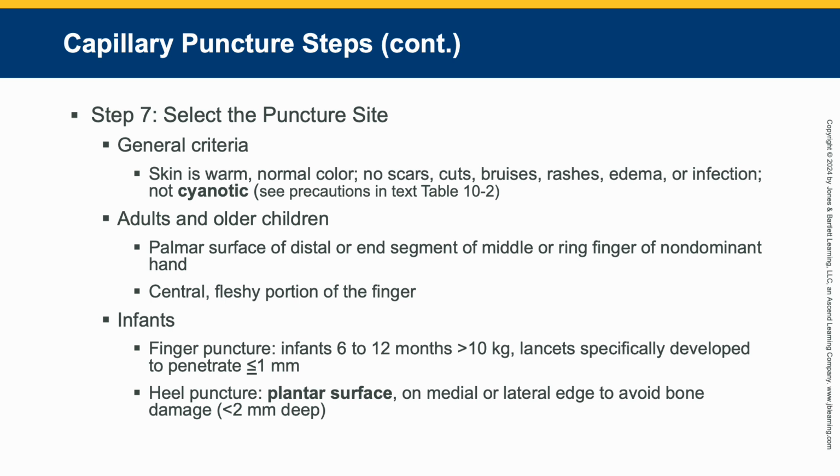Because sometimes you're going to risk spreading this infection, and that would be painful, and not to mention erroneous in some of the test results. Avoid cyanotic fingers or sites. Why? Because erroneous test results. Avoid sites with rashes, because you might get a potential negative reaction, like inflammation may be masked in this case.